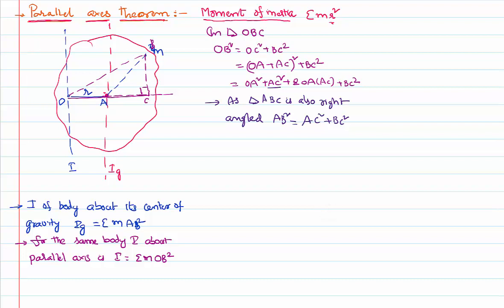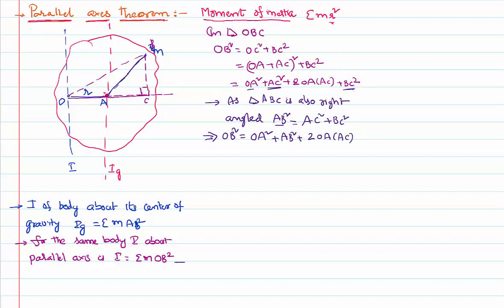In the above equation I can see AC square and BC square. Instead of that I can write AB square. That implies OB square becomes OA square, instead of AC square plus BC square, AB square. Remaining terms are as they are, 2 OA and AC.